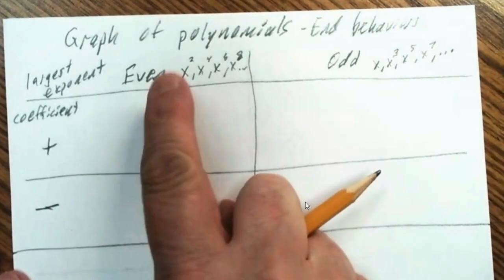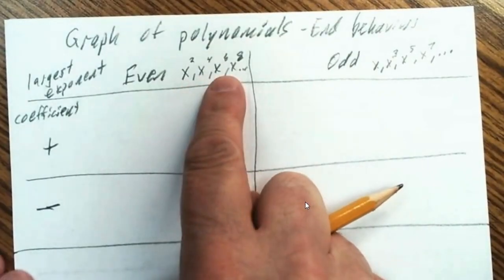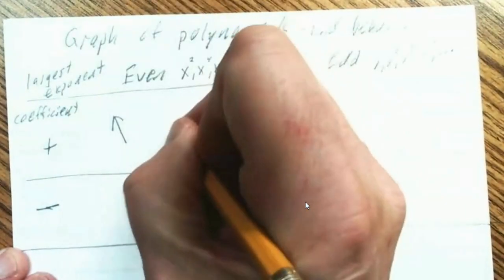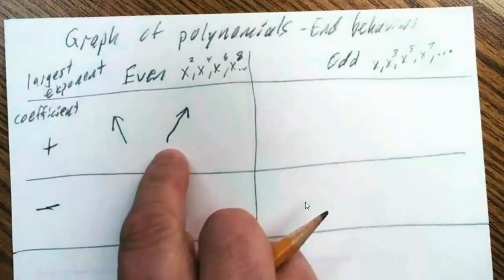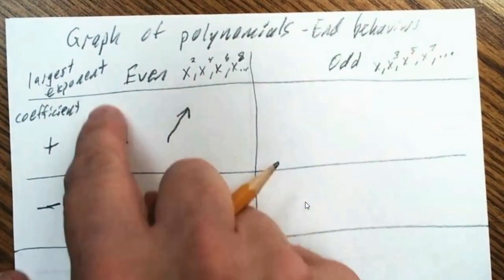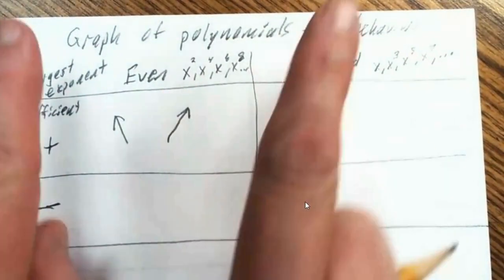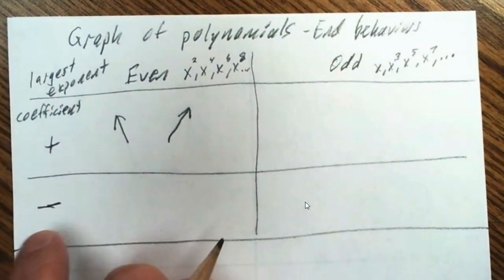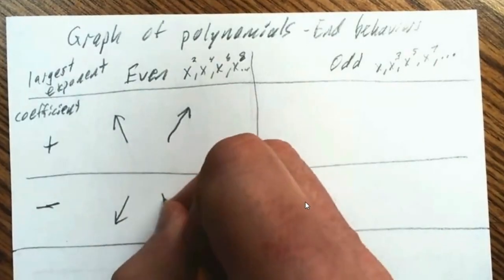So if we have an even, like x squared, x to the fourth, x to the eighth, and it has a positive coefficient in the front, left side goes up, right side goes up like a parabola. If we just have x squared, it's a parabola and both ends are pointing up. If it's got a negative, like negative 2x squared, both ends are pointing down.